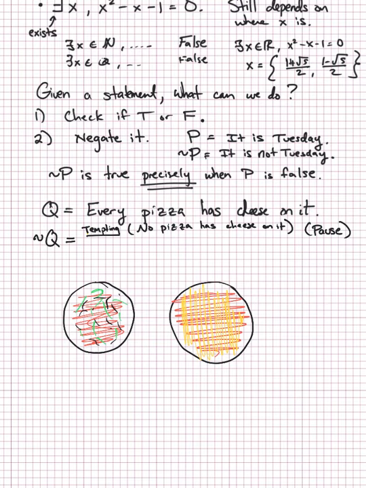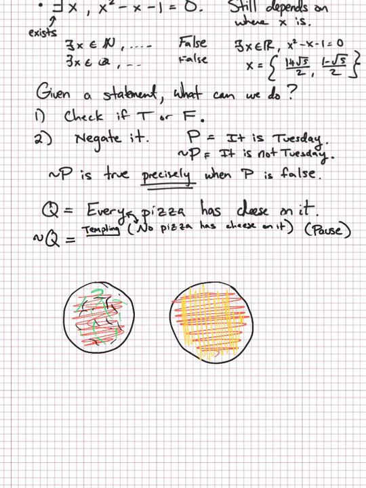Okay, but you would think that this would be the negation just because we changed the word every to, this is always true, this is always false. This is not the negation though. So what is the problem?